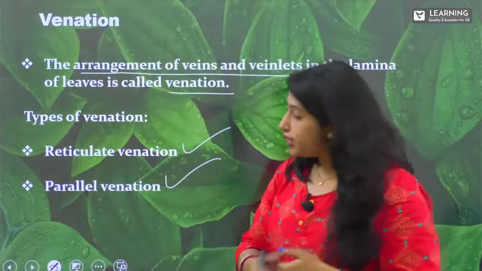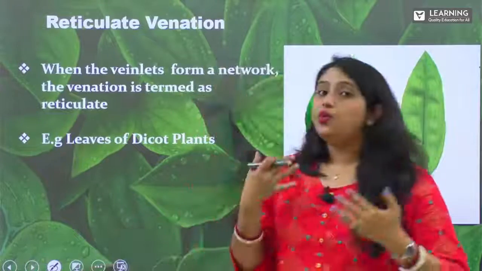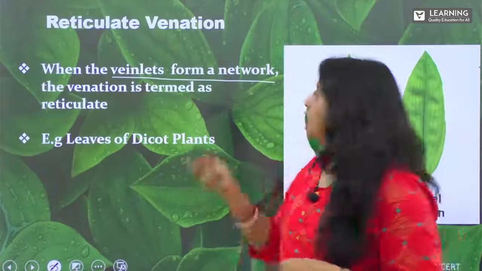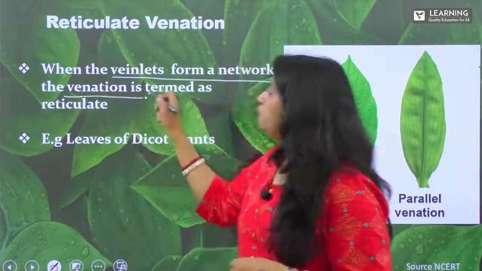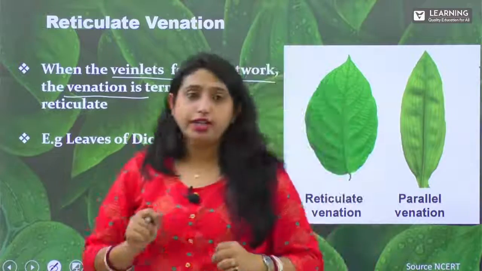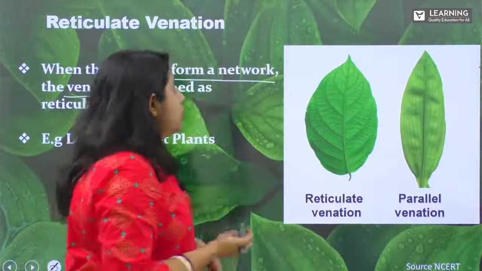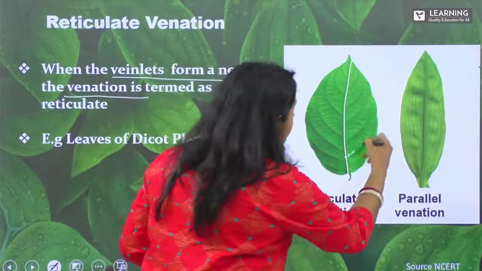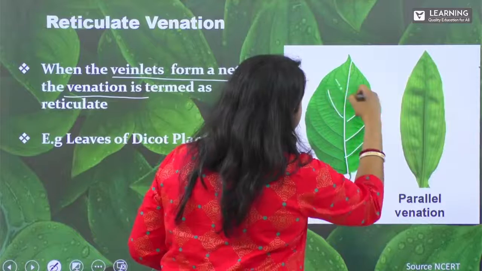So, what is this reticulate venation? When the veinlets form a network, okay? When the veinlets form a network, this venation is called reticulate venation. Now, let me show you. See, this is a leaf, right? Here you can see various networks, isn't it?